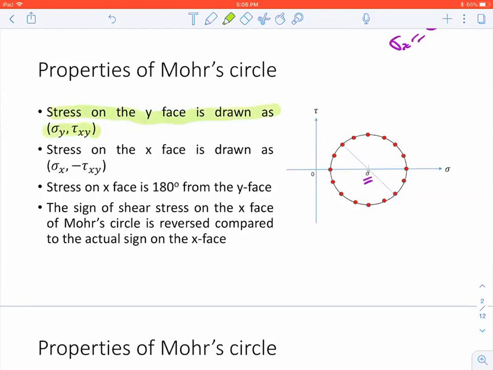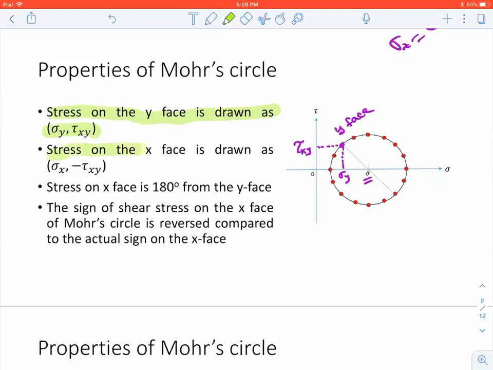Say for example, I'm going to say, hey, this is my Y face. And how do I actually designate this point? I will know my sigma y. So this is going to be my sigma y, and this is going to be my tau xy.